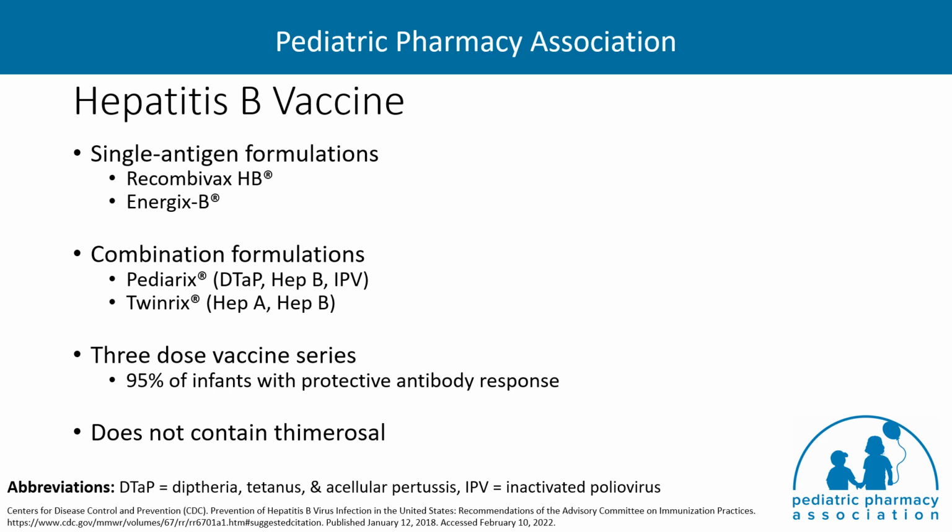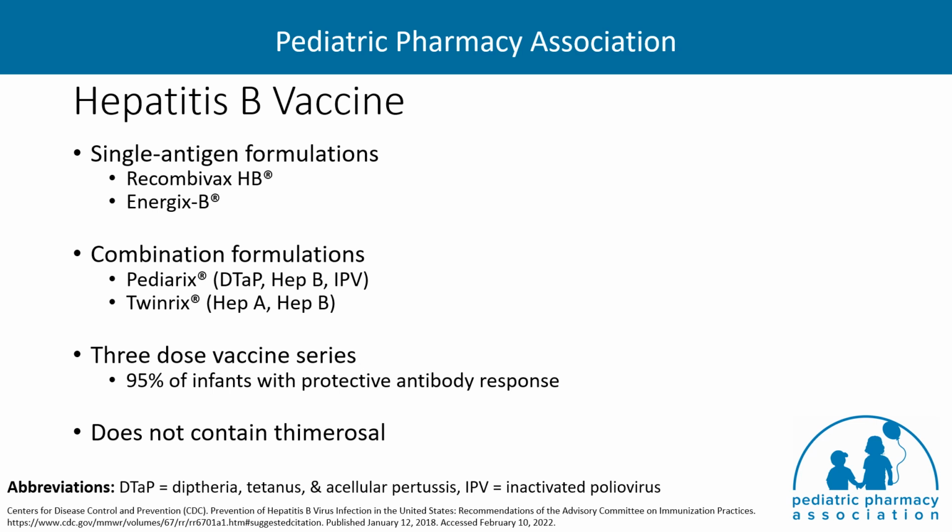A couple of the combination formulations that I had mentioned earlier, you might see Pediarix, Twinrix, there are others available on the market. The one that I use most commonly in practice is Pediarix. The reason I prefer this formulation is because of the number of combinations in it. So diphtheria, tetanus, pertussis, hepatitis B, and polio.